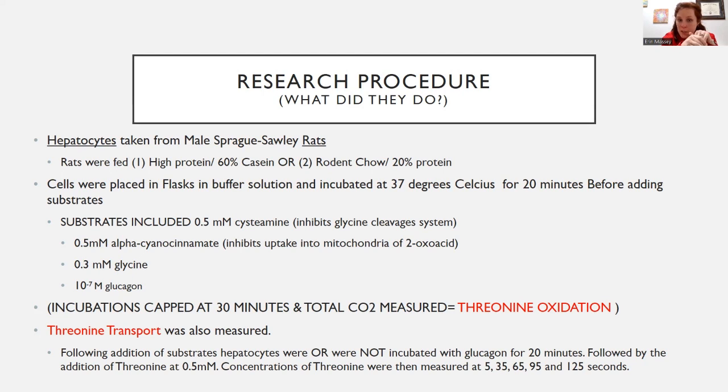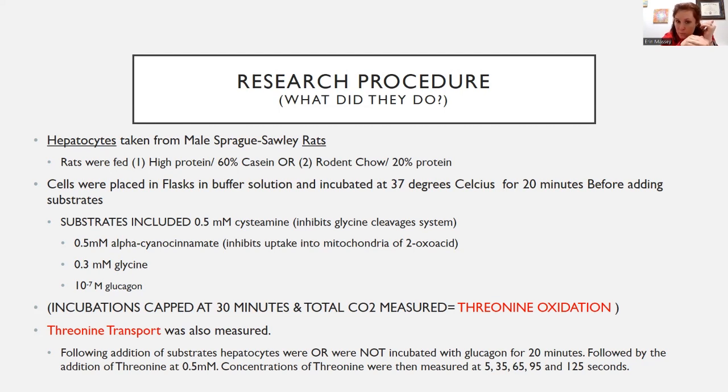So following the addition of those substrates, the liver cells were or were not, so some were not, incubated with glucagon for 20 minutes, followed by the addition of threonine.